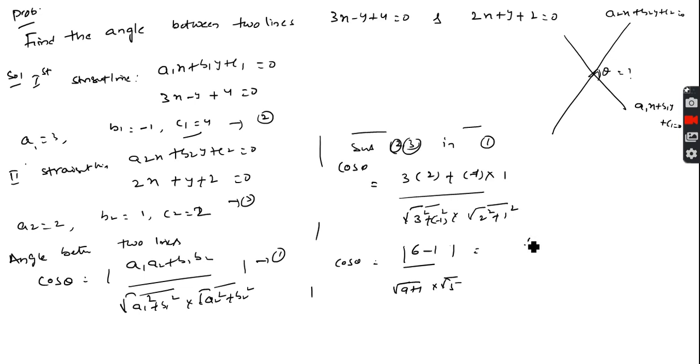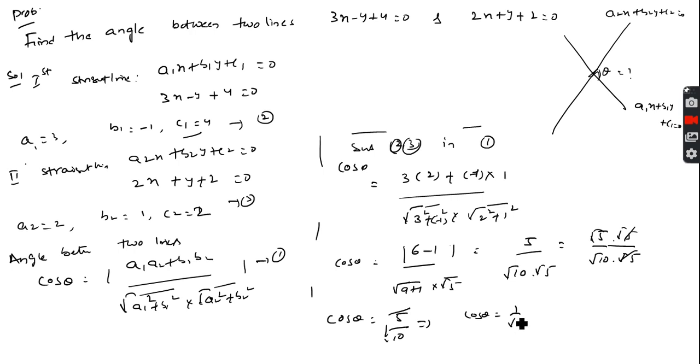Therefore it is 5 by root 10 into root 5. This can be written as 5 by root 5 into root 5 divided by root 5 into root 5. The 5 cancels, and we get cos theta equal to 5 by root 10, that is cos theta equal to 1 by root 2. When it is 1 by root 2, that is cos 45 degrees, therefore theta equals 45 degrees.